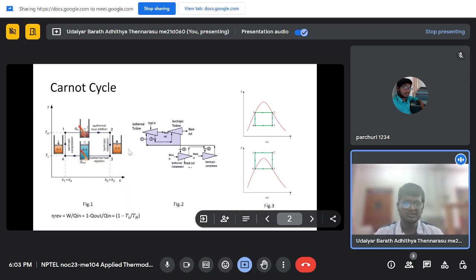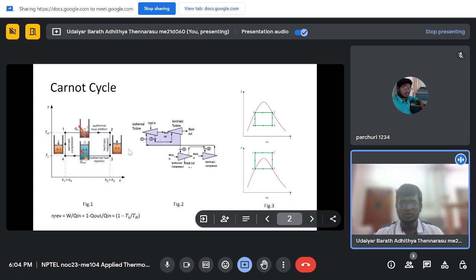It's a total ideal cycle which he considered, and he said there are two statements: Carnot cycles operating between two temperature levels will all have the same efficiency. And the second conclusion is that no other cycle will have greater efficiency than the Carnot cycle. So the Carnot cycle will have the maximum efficiency. Those are the two statements you can conclude from the Carnot cycle.